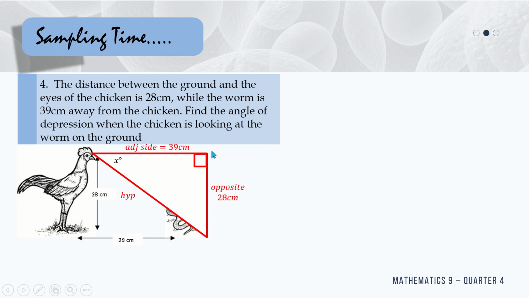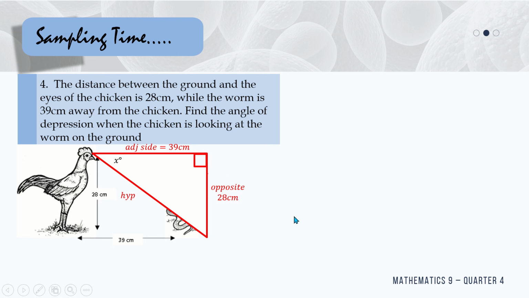Then, ang vertical distance is the opposite side. Ang gitas-on gikan sa ulo sa manok padung sa tiilan sa manok, 28 centimeters. So, parallel, congruent to the other's opposite side, which is 28 centimeters also.